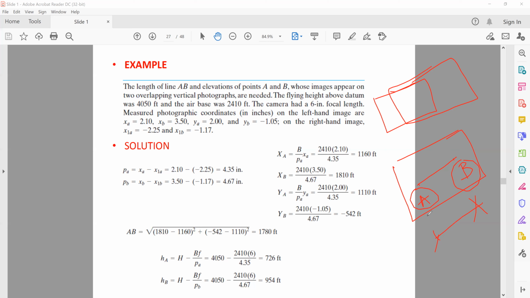So for this, since we have 2 points, both the points would have different parallax because parallax is a function of the object height.